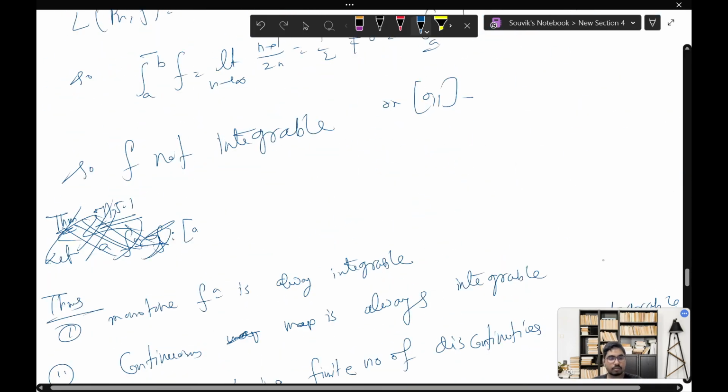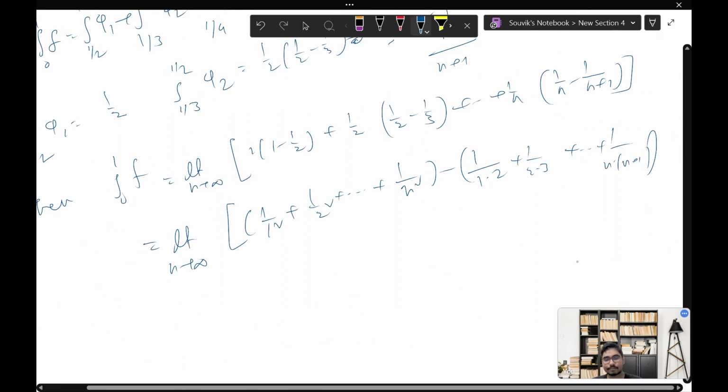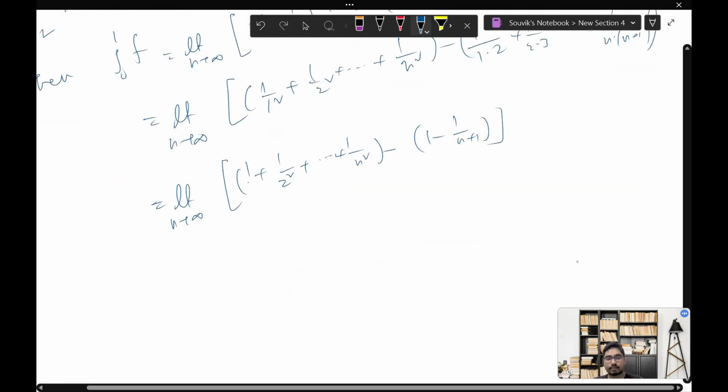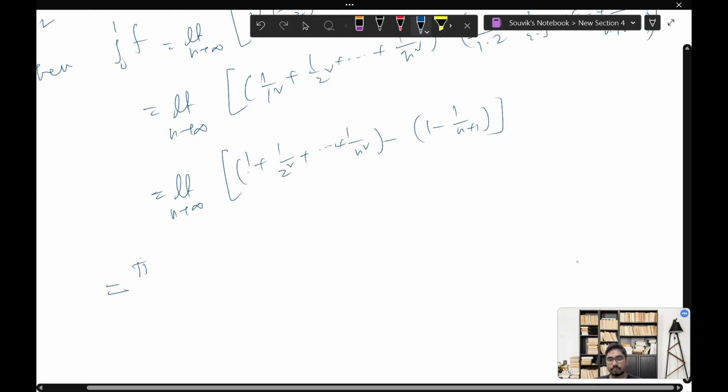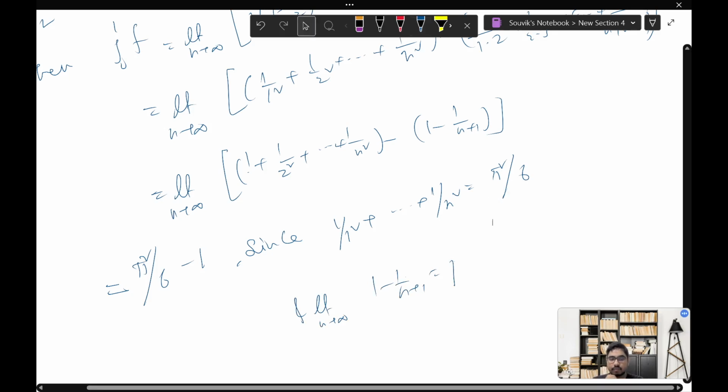So as n tends to infinity, the sum of 1 by n squared, minus the telescoping sum of 1 by n(n plus 1). So this will be pi squared by 6 minus 1, since the sum of 1 by n squared is pi squared by 6, and the telescoping sum equals 1. So the value of the integration is pi squared by 6 minus 1.